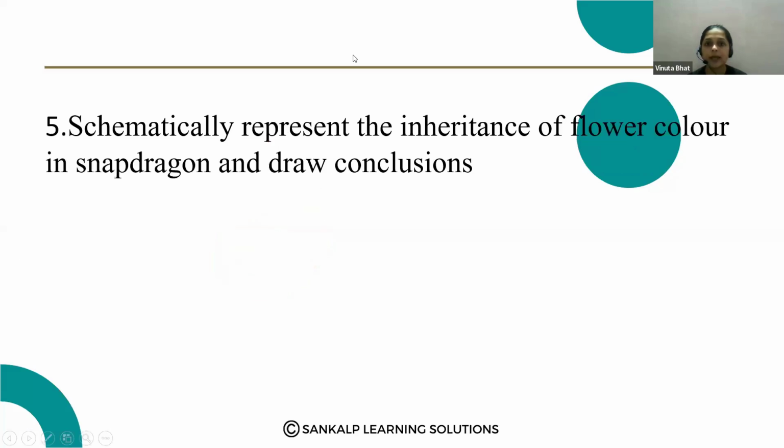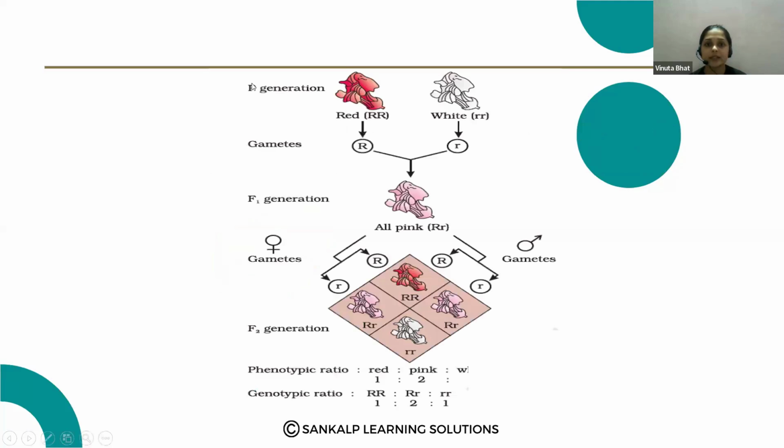Next question. Schematically represent the inheritance of flower color in Snapdragon and draw the conclusion. In Snapdragon, incomplete dominance occurs. The red flower is RR and the white flower is taken as the recessive rr.